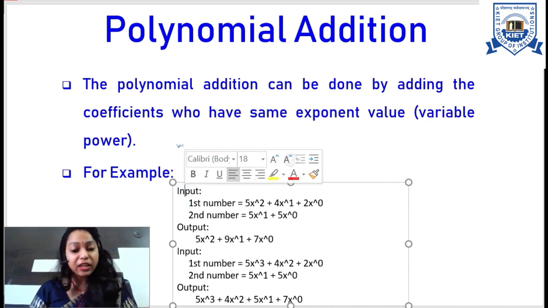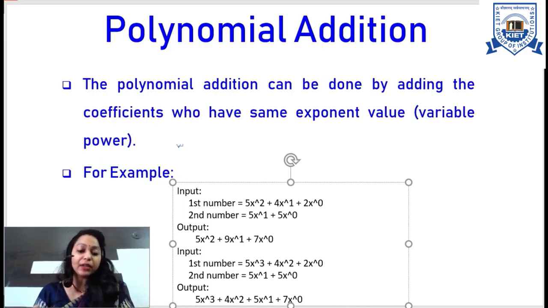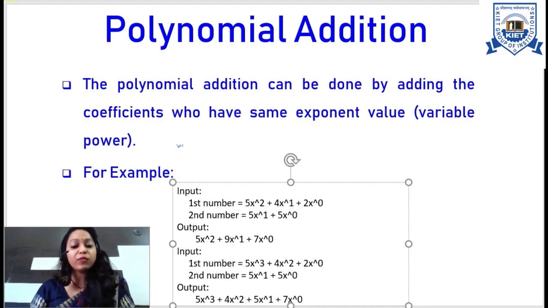Then we move to the next term of the first equation. Whichever equation we take the term from, in that particular equation we move on to the next term, that is 4x. Now we compare this term 4x with the first term of the second equation, 5x.